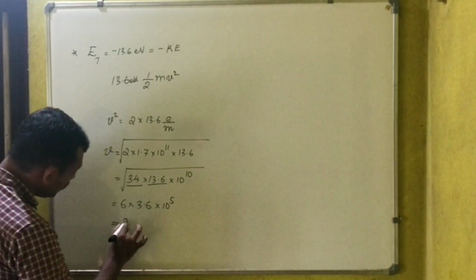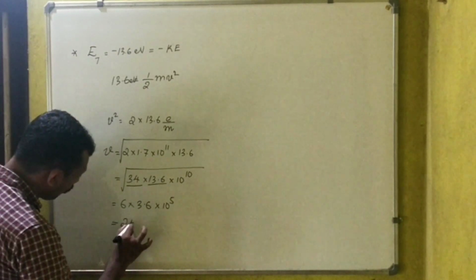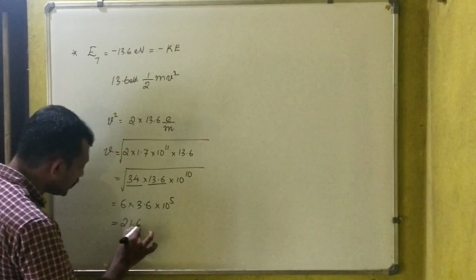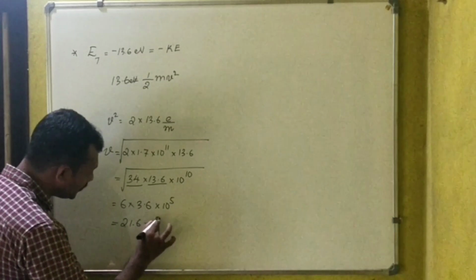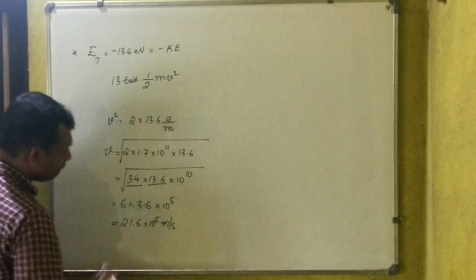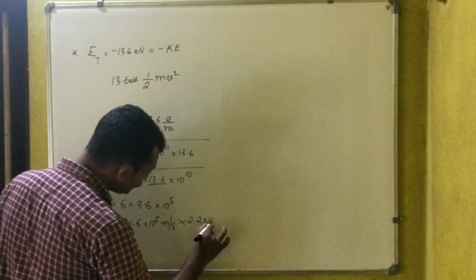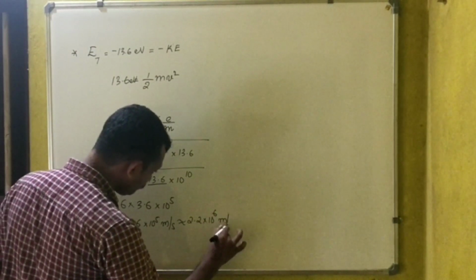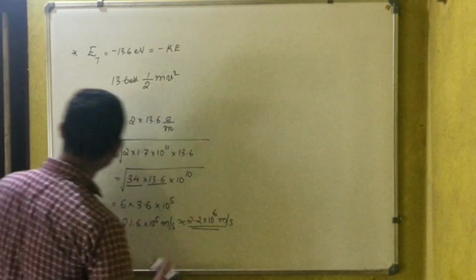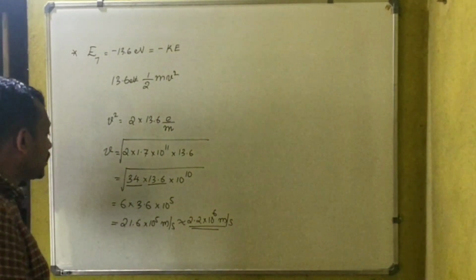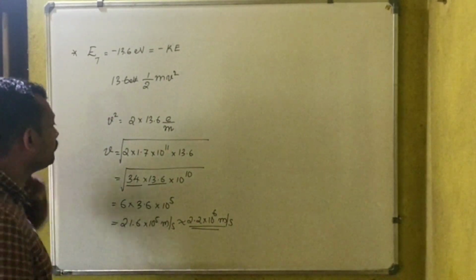So this is 21.6 into 10 to the power 5 meter per second, which is approximately 2.2 into 10 to the power 6 meter per second. That is the velocity of electron in the ground state of the hydrogen atom.